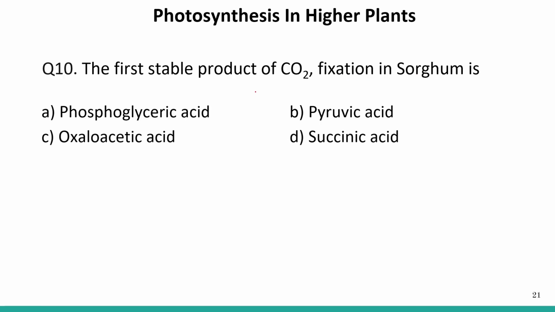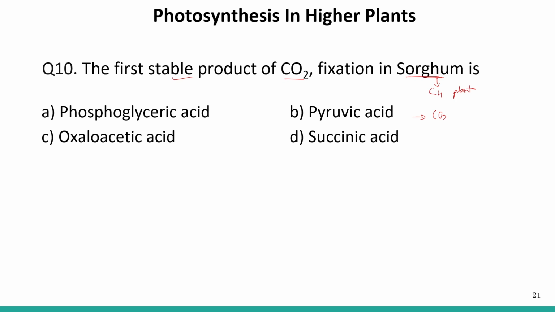Alright. Now next question is the first stable product of carbon dioxide fixation in sorghum. So sorghum is what? Sorghum is a C4 plant. The first stable product they are asking. So in C4 plant what happens?